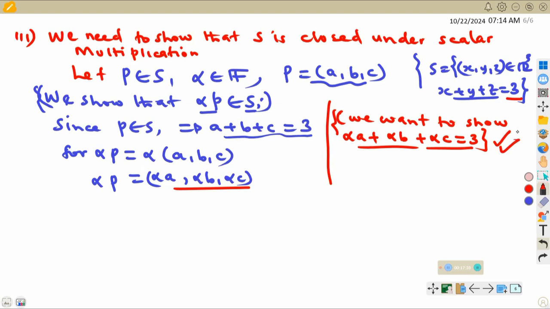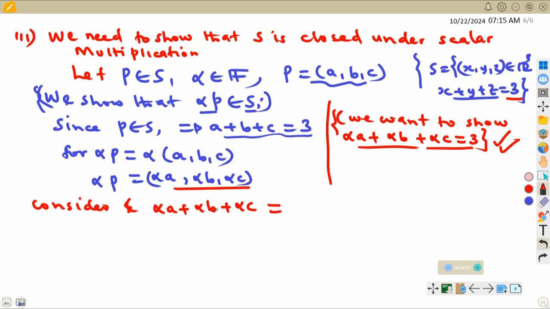So if this is what we want, let us consider the left hand side, which is alpha A plus alpha B plus alpha C. What will this be equal to? We are considering the x component plus y component plus z component. We want to see whether it will give us a 3.